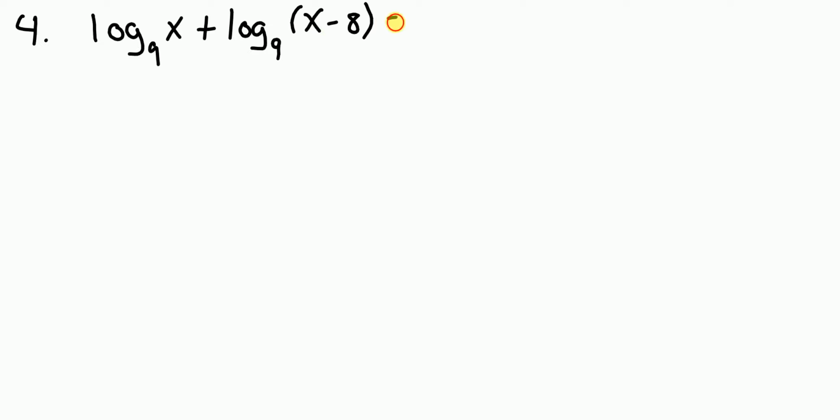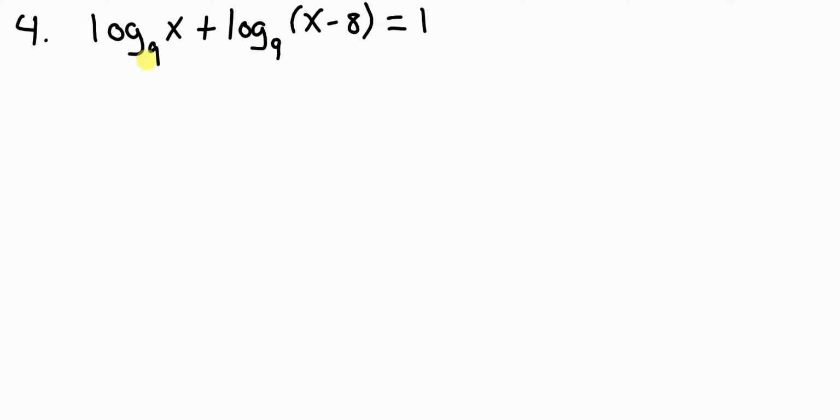Alright, now let's look at some examples where we have to use our properties to solve it. In this example, we have two logarithms on this side of the equation.